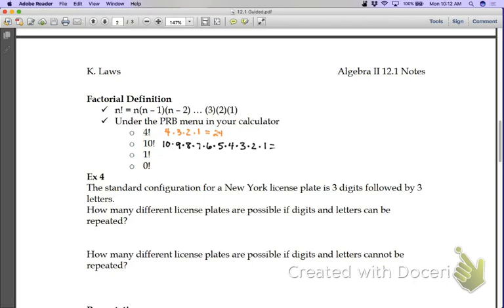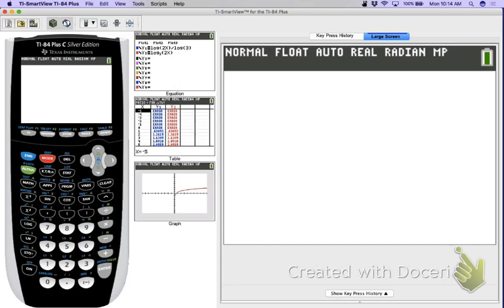Depending on what kind of calculator you have, it's under the PRB menu in your calculator.